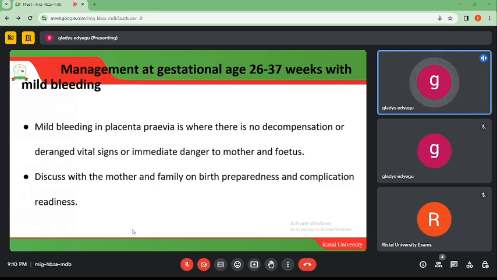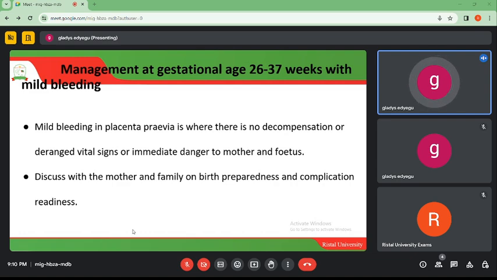So there will be mild bleeding, but that bleeding may not be presenting with signs of low blood pressure and then high pulse. The mother will be normal and also the baby will be okay, but the mother will be telling you, I'm seeing some signs of bleeding.